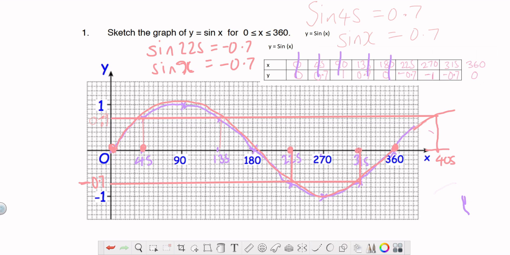So 315 is right there. When you hit the graph, stop, turn left, go all the way, and that should also hit minus 0.7. So here, sine 315 gives you minus 0.7. And obviously, there are going to be other values of x that also hit minus 0.7. You just need to find the patterns along the x-axis.